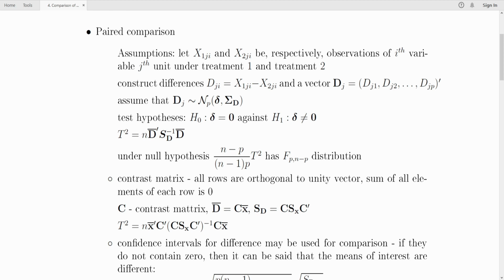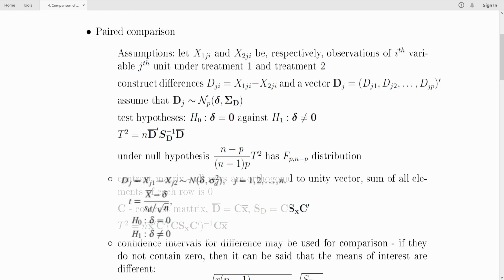In the univariate case, we had a response to treatment 1 and a response to treatment 2 for each of the trials. Then we pair each trial and compute their differences. The notation was a little different from what you see on the screen.